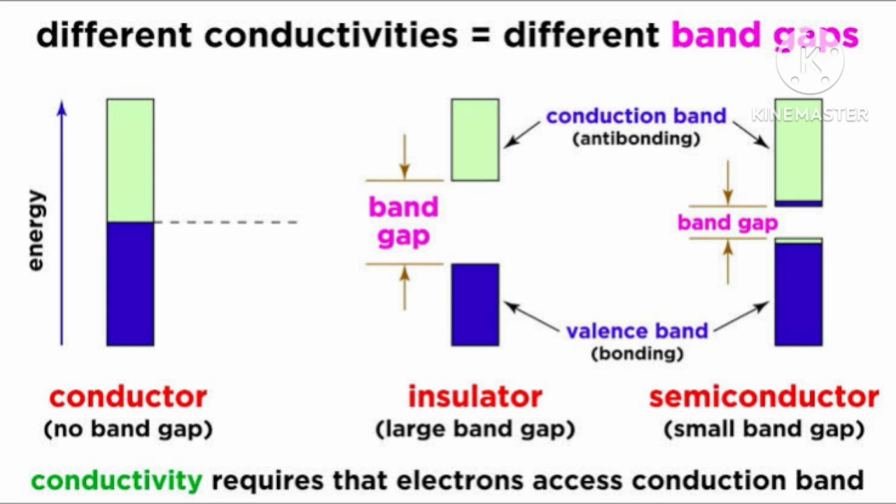If the gap between the filled valence band and the next higher unoccupied band, which is also called the conduction band, is large, now both are not overlapping, they are making some distance, a gap is there. Then electrons cannot jump.